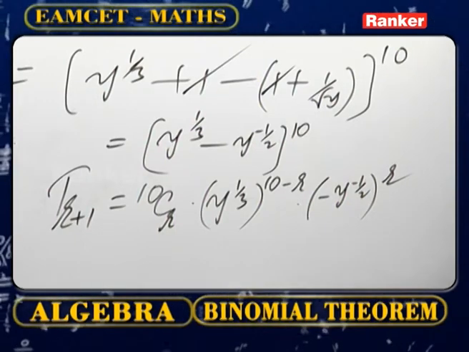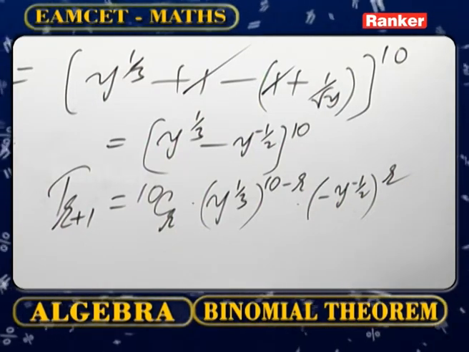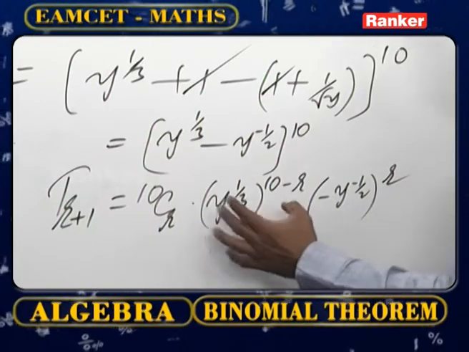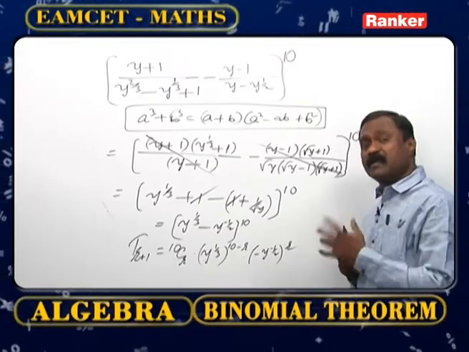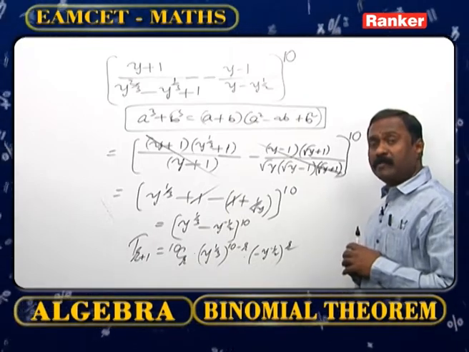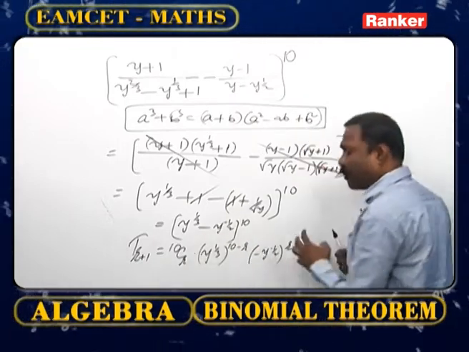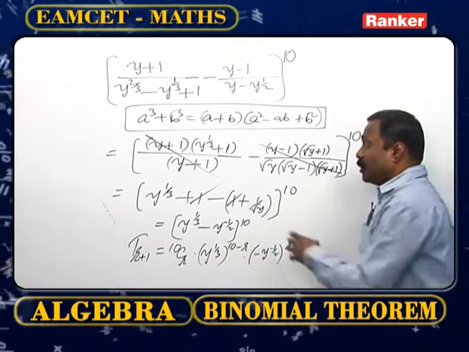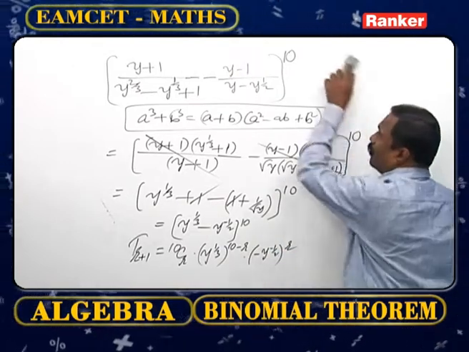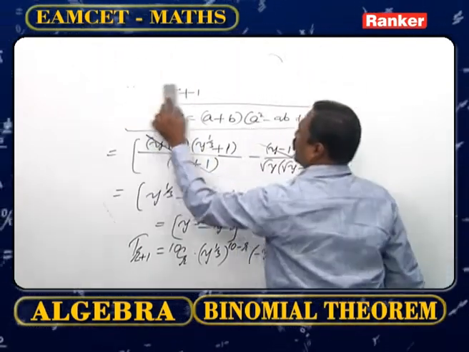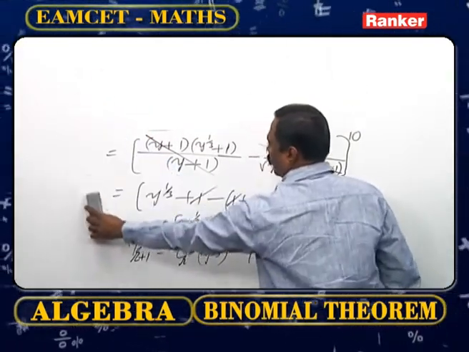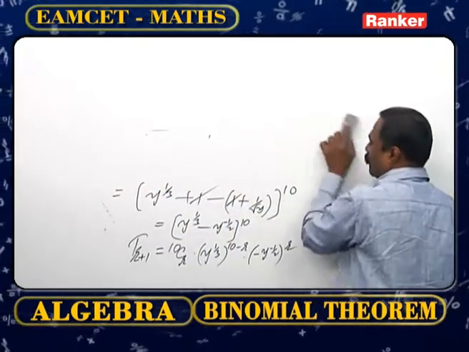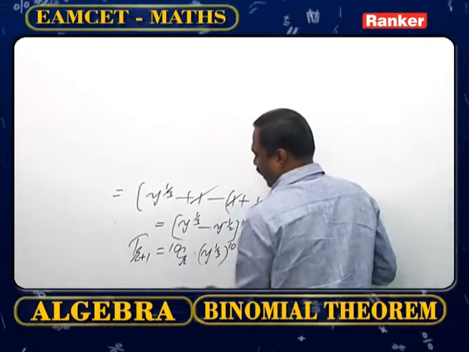But what we need here, that's our primary goal, is we want to have such a term where the power of y becomes 0. But we have taken a general term for this expansion. In this general term, we just take the power of y and we equate it to 0. Why should it be done? Because we need the term independent of x.